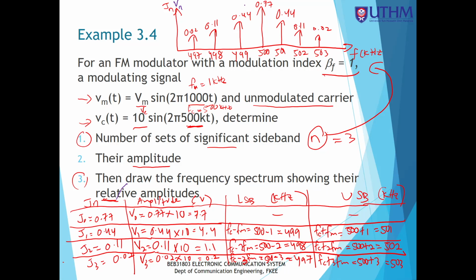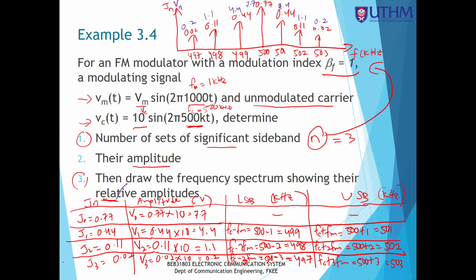So this becomes 7.7, then 4.4, 4.4, 1.1, 1.1, 0.2, 0.2. So this is if the question asks to draw the amplitude spectrum.